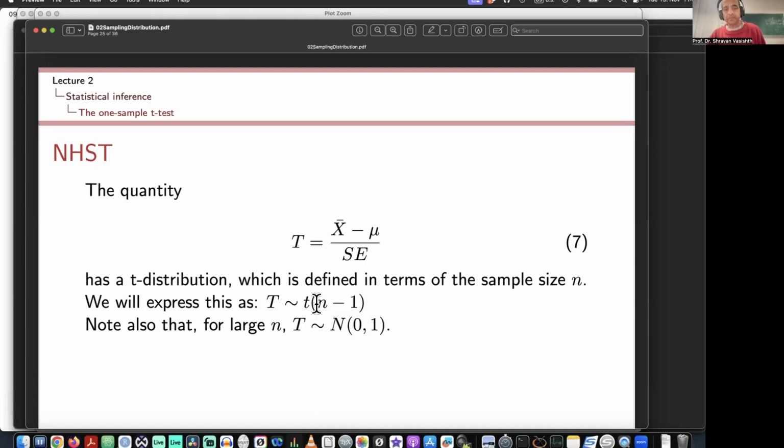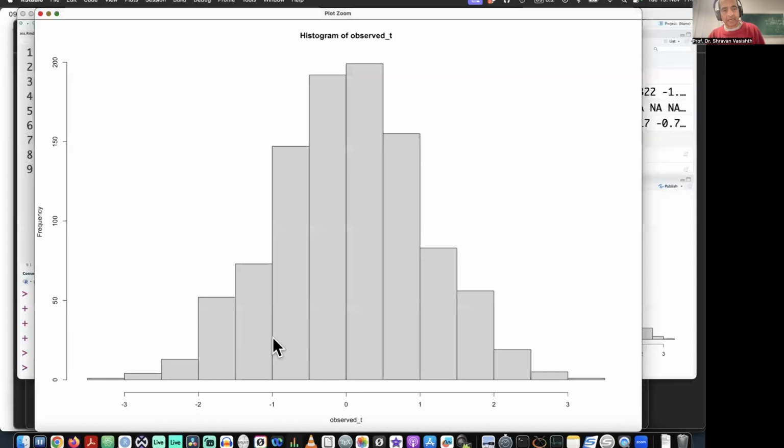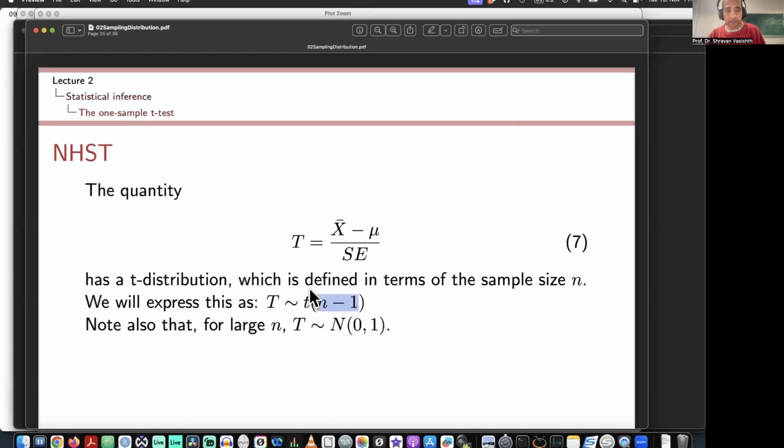The degrees of freedom is defined as the sample size minus 1. I won't discuss the details of this, but the upshot is that once you know your sample size, n minus 1 is the number that goes into this distribution and describes its shape. I will make that more precise.